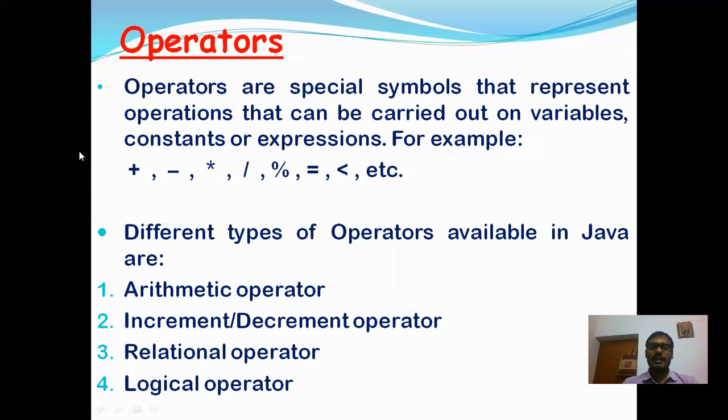For example, you can see these are the plus sign, minus sign, multiplication sign, division sign. These are all operators of Java which are used for calculations or to check conditions, to check some logical decision. Now there are different types of operators available in Java.